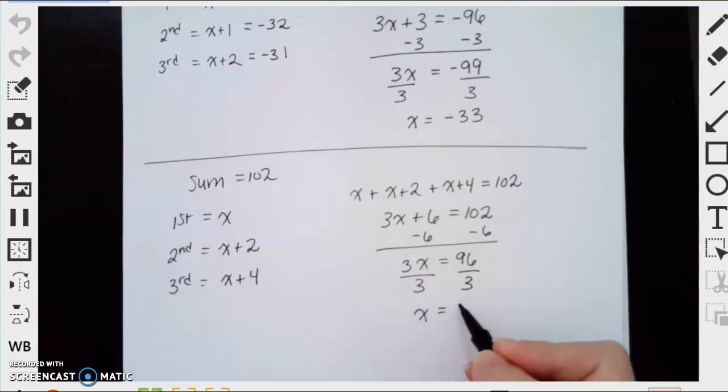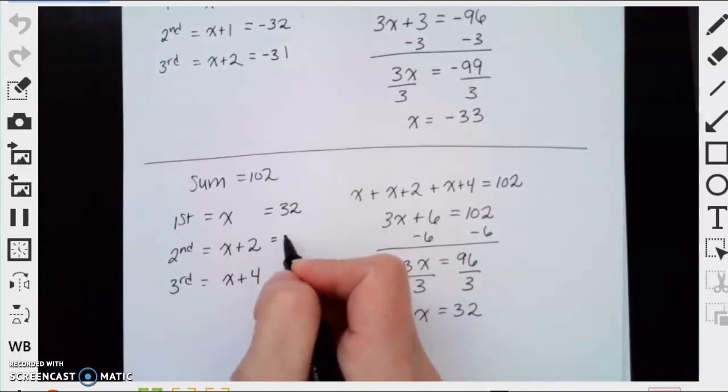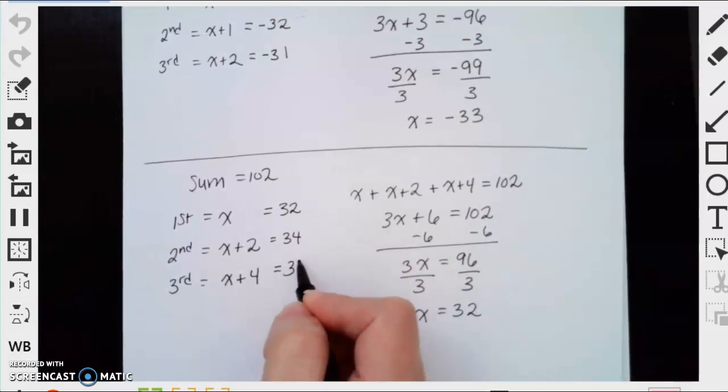X is equal to 32. Okay, now remember I wanted consecutive even, so it makes sense that my answer is even. So again, I said check for reasonableness. That answer is reasonable. So my first is 32. My next one would be 34. And then the last one would be 36.